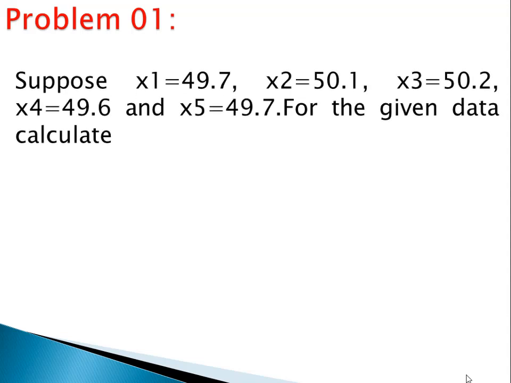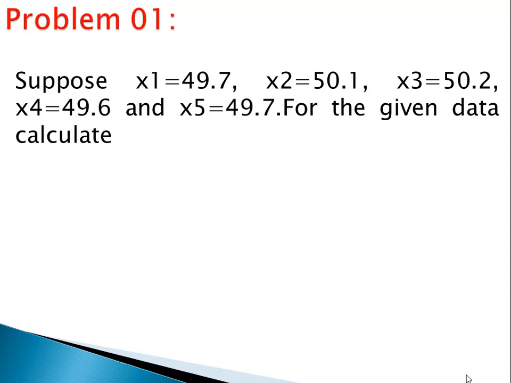Here in this problem, suppose the first reading x1 is equal to 49.7, x2 is equal to 50.1, x3 is equal to 50.2, x4 is equal to 49.6 and x5 is equal to 49.7.